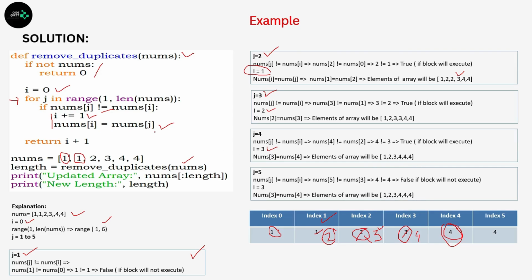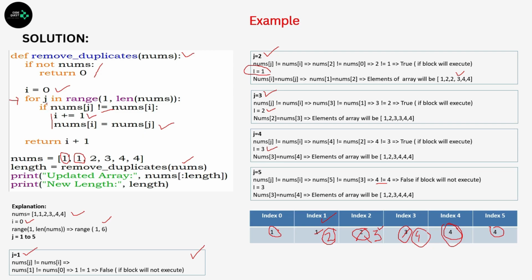And for the last iteration when j becomes 5, I am going to compare nums of j, that is nums of 5, with nums of 3. That is the last updated I value, right? So when I compare these two, nums of 5, what is that? 4 not equal to nums of 3. Nums of 3 is holding what? 4 again. So because this condition is false, this if block will not execute.